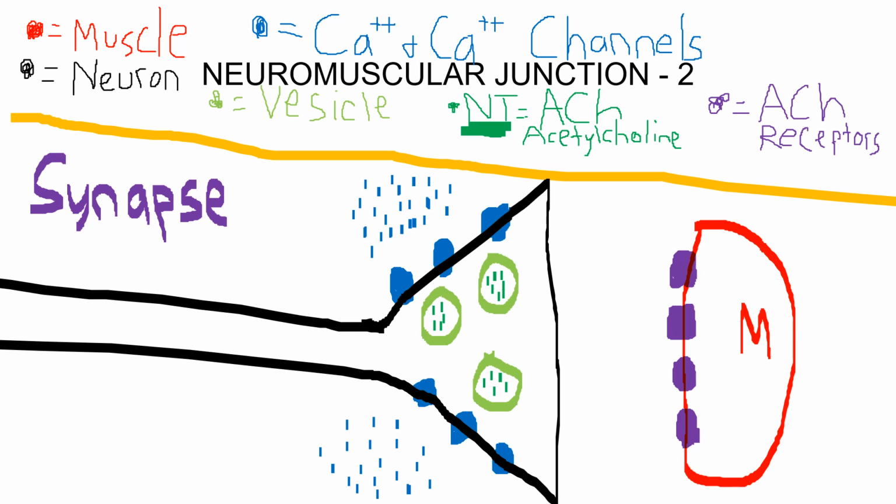Now the space between the neuron and the muscle, the space in this synapse, has a special name. It's called the synaptic cleft. I'm probably going to run out of room, but synaptic cleft, meaning just it's a space. So all of this space right here is the synaptic cleft.